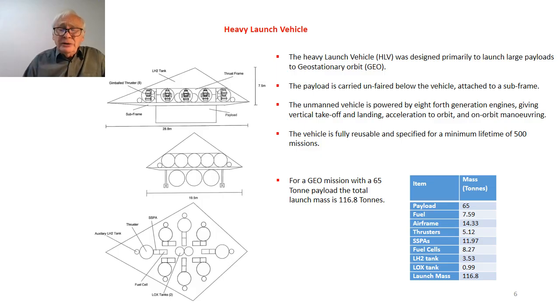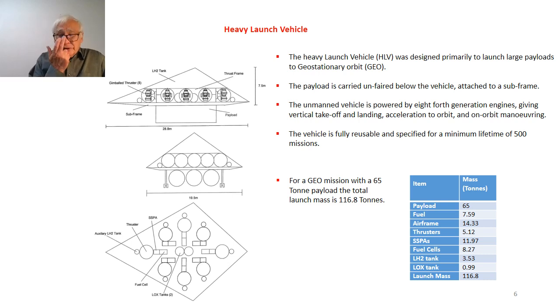With the 8 thrusters, all fully gimbaled, you get tremendous maneuvering ability once you're on orbit. And of course you get complete flight control during vertical takeoff and landing and during the acceleration period.